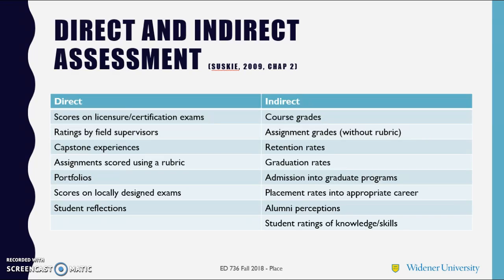So there's some clear feedback for the students on what the expectations are and then whether they met the expectations. Indirect can be a little bit tricky, and you might be asking, why are course grades and assignment grades under indirect? It's because they're not always necessarily linked directly to the learning that's happening. So course grades and assignment grades, if they do not have a rubric, they're not necessarily giving feedback directly to the students. We also use things like retention rates, graduation rates, other metrics that accreditation might use as well to be able to say that some learning has occurred. We also then have perceptions and student ratings in this area as well.